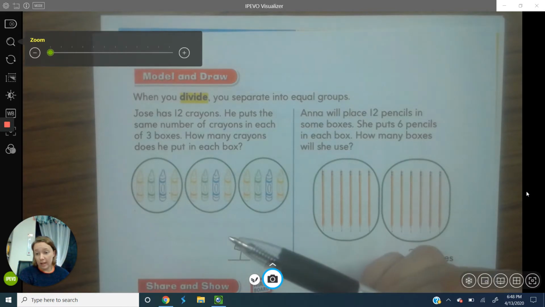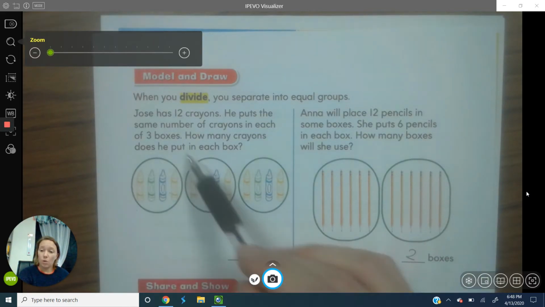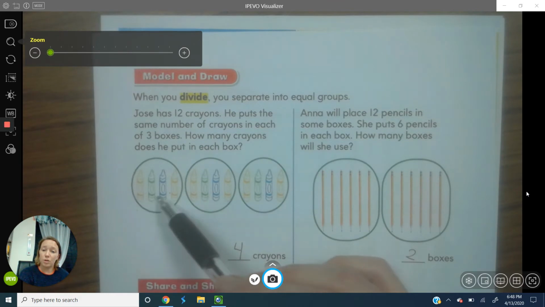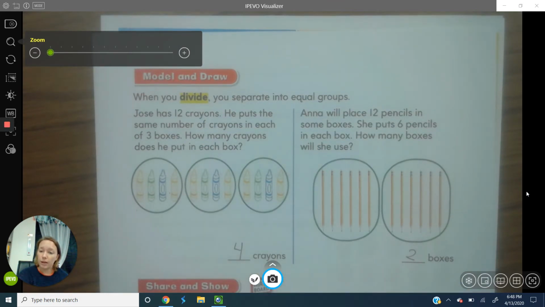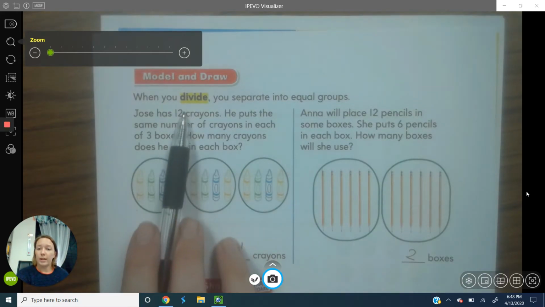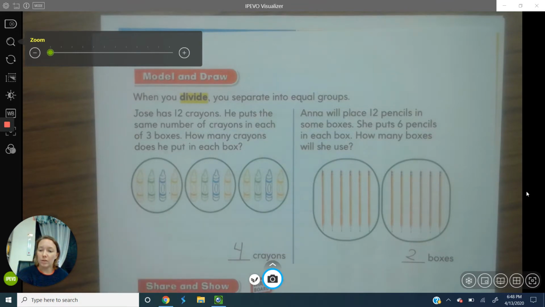You're doing it evenly, and then see how many in each group. So how many? 1, 2, 3, 4. So 4 will go in each box. If you divide 12 into 3 boxes, you get 4.